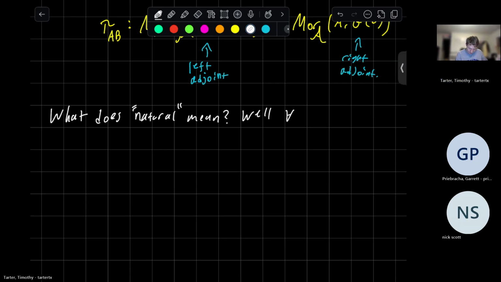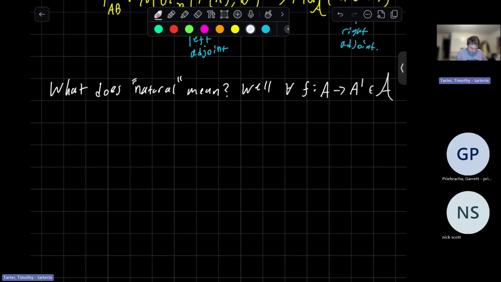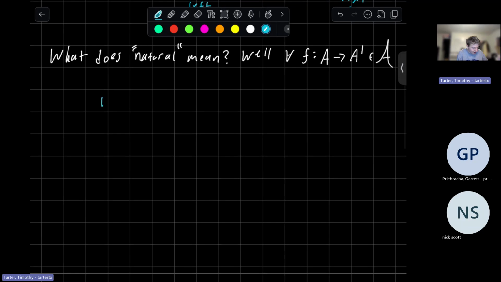For all f from A to A prime in script A, we require the following diagram to commute, and that's actually not the entire thing.